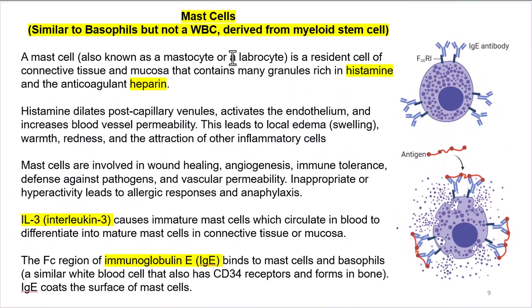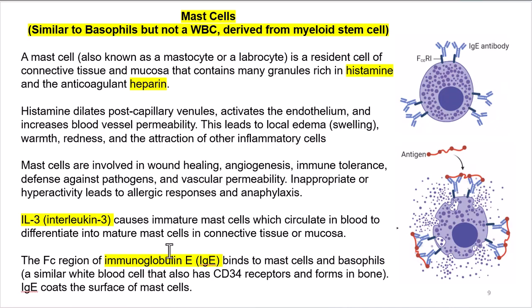So these mast cells, which are not white blood cells, but like the basophils, release histamine and heparin. Also, what makes them distinctive is that first of all, they circulate in the blood as precursors, and then they get into either connective tissue or into the mucosa, like the lining of your mouth and lungs. And under the influence of interleukin-3, a chemical, they mature.